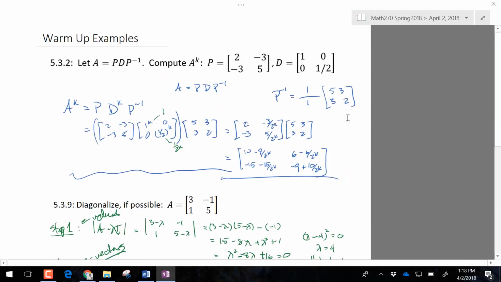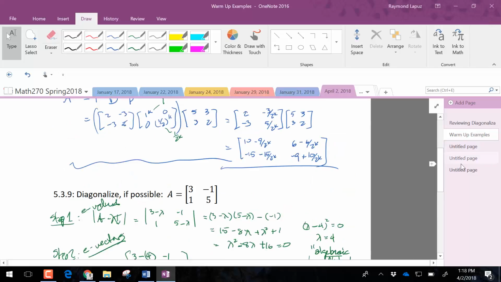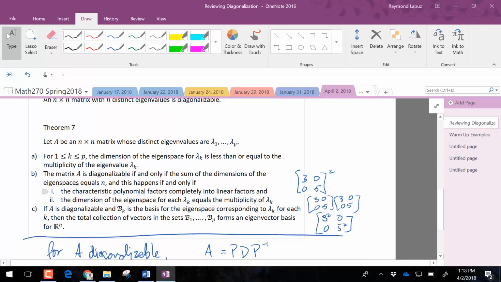Because one of the theorems that we're looking at, number 7, talked about the matching eigenspaces. So matrix A is diagonalizable if and only if the sum of the dimensions of the eigenspaces equals n. So we only had one eigenvector, 4, and the eigenspace for that is only one-dimensional.